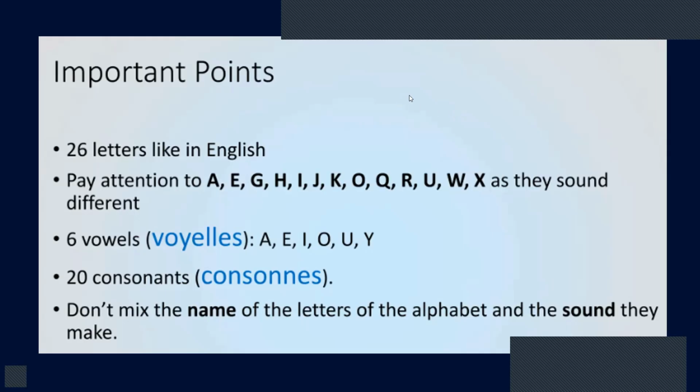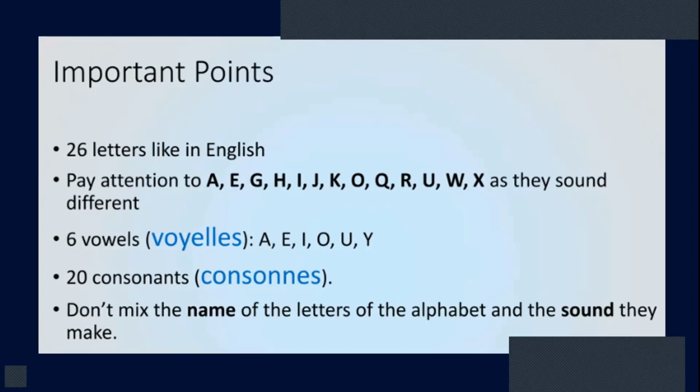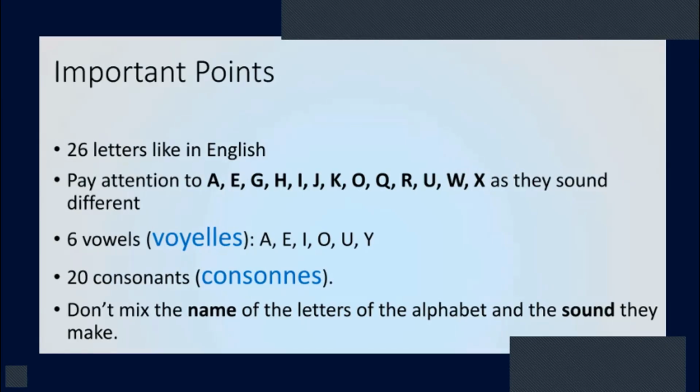We also see the vowels in French. We have about 6 or 7 vowels: A, E, I, O, U, Y. In the course of our learning, we are going to study the vowels.